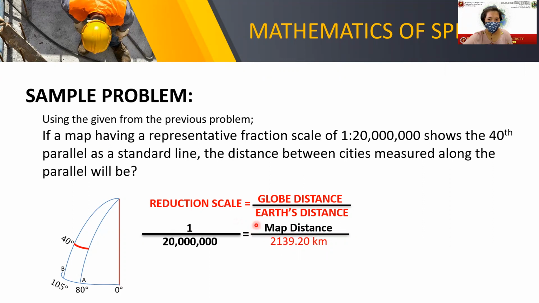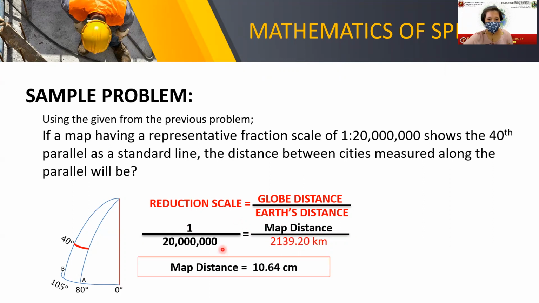Just cross-multiply this, and we can determine the map distance is 10.64 centimeters. So if you have a map and measure along the 40th parallel, the two points are only 10.64 centimeters apart. Okay? That is how we apply the knowledge of the reduction scale, or representative fraction. Let's move on.